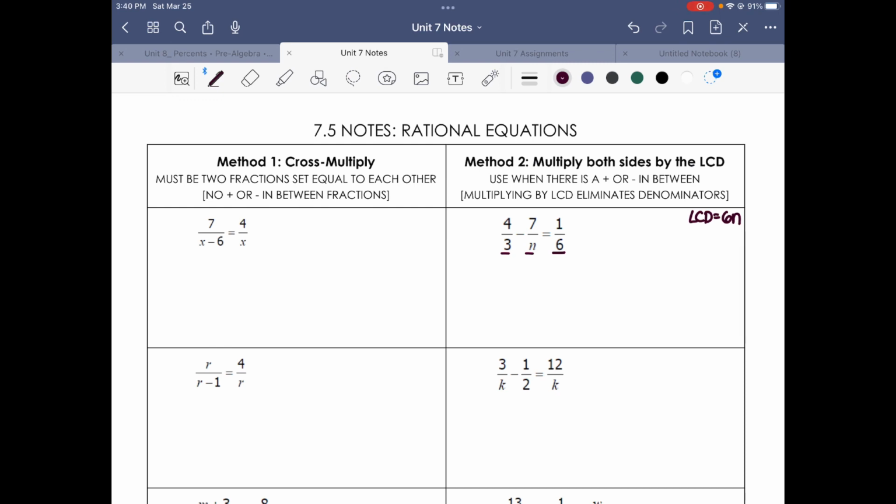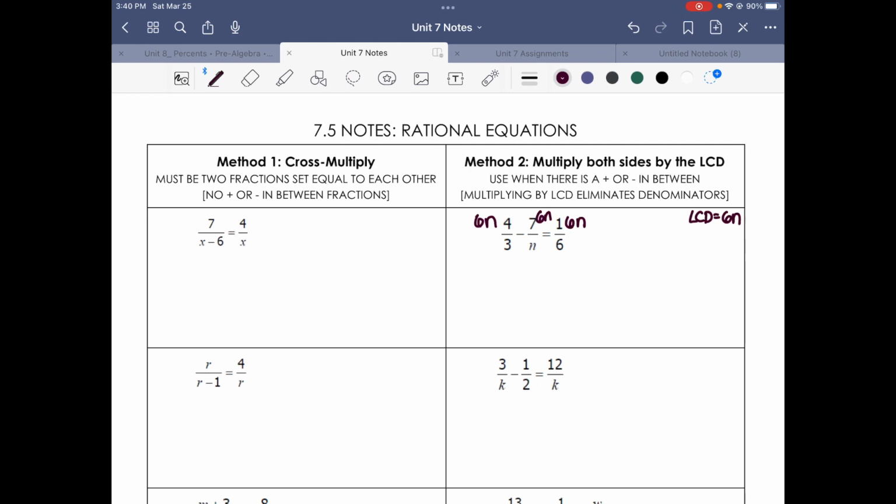Then you just multiply by 6n on all of the fractions. But we're really multiplying by 6n over 1. Since I have an equation now, I'm allowed to just basically multiply the numerators by 6n.